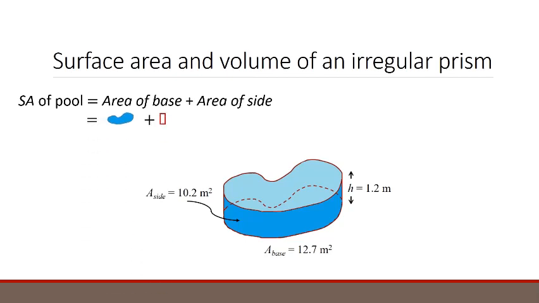So we want to add the area of that kidney-shaped base and add that with the area of the side, which, if you can imagine it was cut once vertically, you could stretch it out to be a very long rectangle, and so it should be easy to find. In this case, we're given the numbers 12.7 plus 10.2, which is 22.9 metres squared.